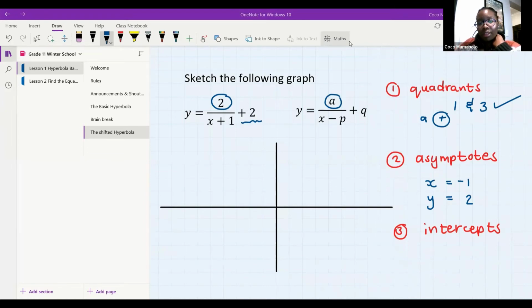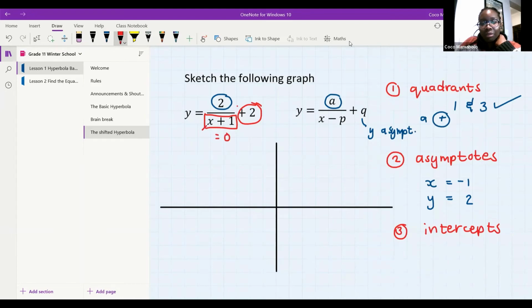Barbara, remember this Q over here, this is our y asymptote, the Q value. So in this graph, your y asymptote is going to be 2. And then in order to get our x asymptote, we need to see which value of x is going to make this whole denominator equal to 0.